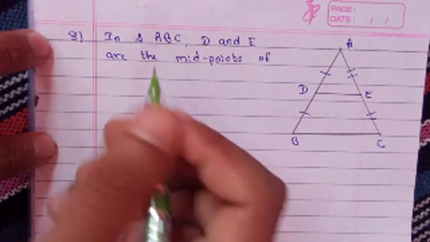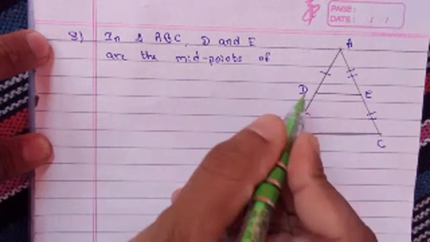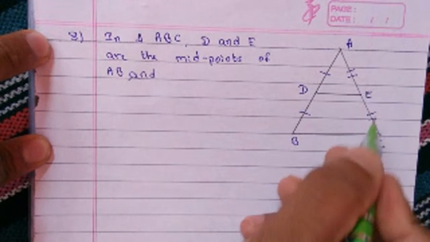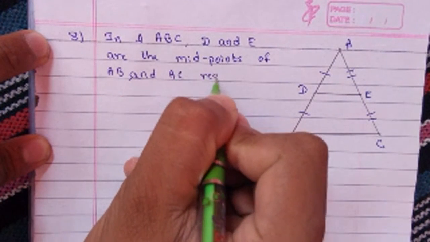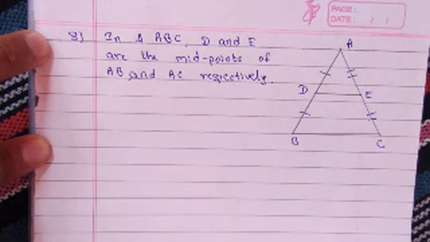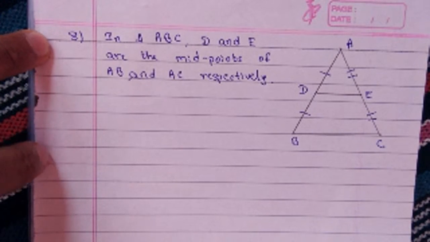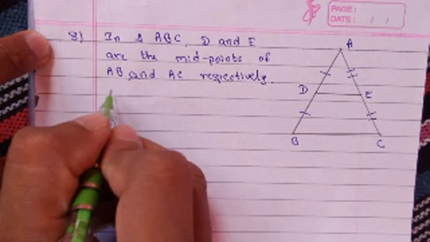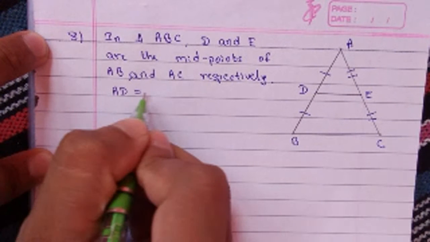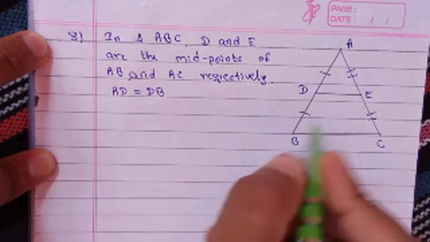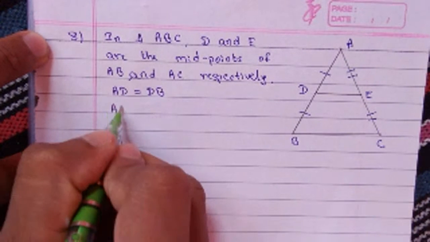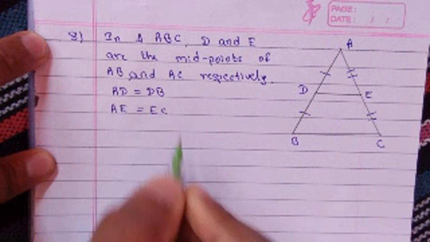D is the midpoint of AB, and E is the midpoint of AC respectively. So when D is the midpoint of line AB, AD equals DB, and when E is the midpoint of line AC, AE equals EC.